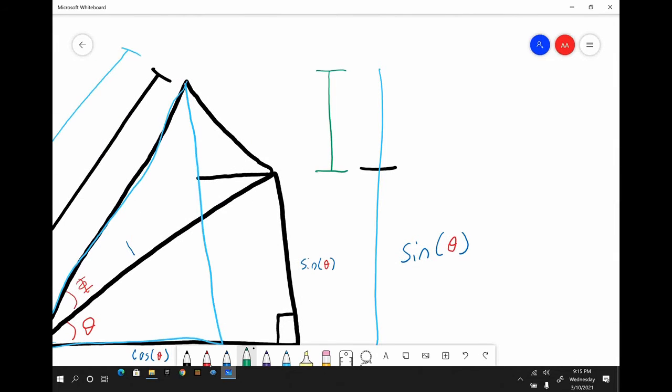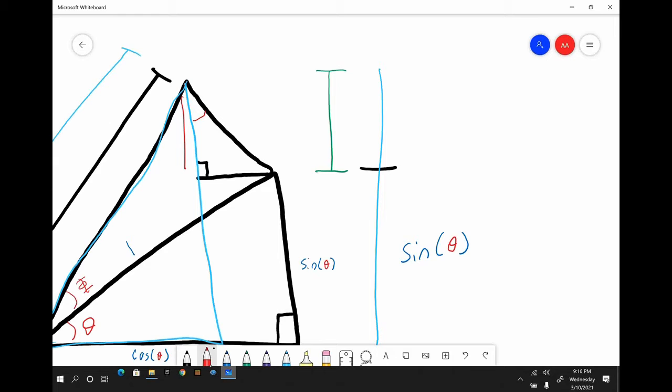And by drawing the black line, we have created another right triangle. So if we can find some adjacent side length right here, then we can add that to the sine of theta, and then we'll have our opposite side length and we'll have our hypotenuse side length.